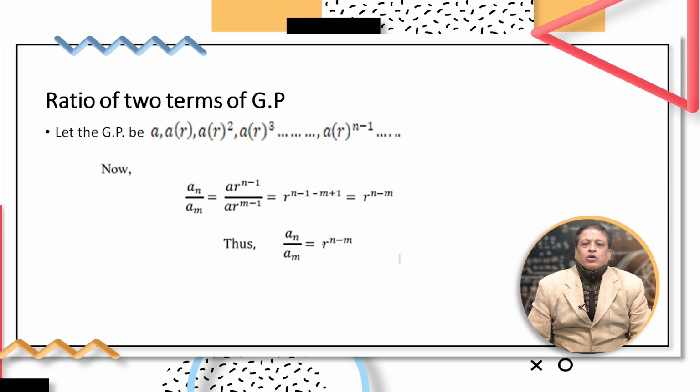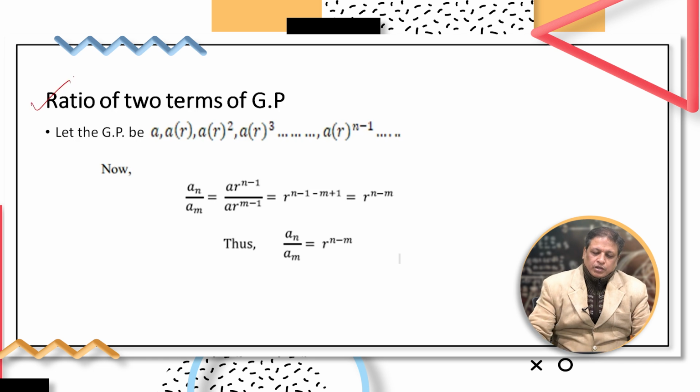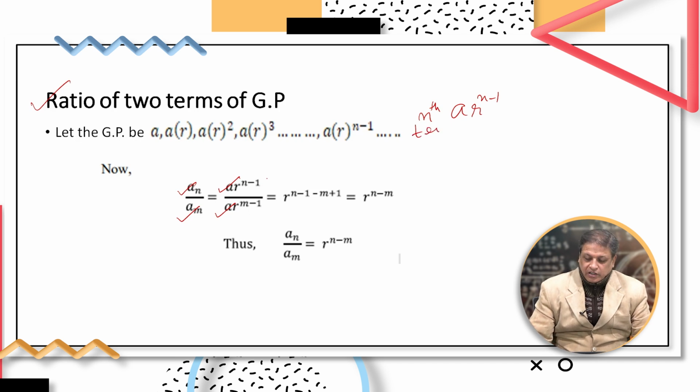Similarly, as there was the concept of the difference of two terms, in the case of geometric progression there is a concept of the ratio of two terms. Say an and am are two terms in the geometric progression. Substituting their values using the formula ar to the power n minus 1 for the nth term, we get ar to the power n minus 1 upon ar to the power m minus 1.